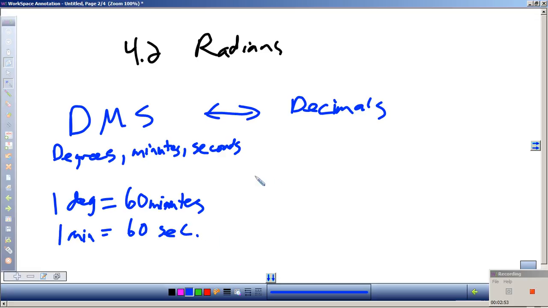Okay, so if I had 35 degrees, 21 minutes, 15 seconds, this is the notation you use. The question you need to answer is, how do I change it from degrees, minutes, seconds into just degrees with a decimal?